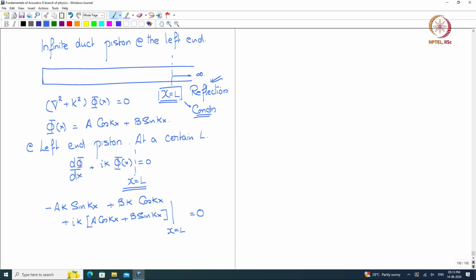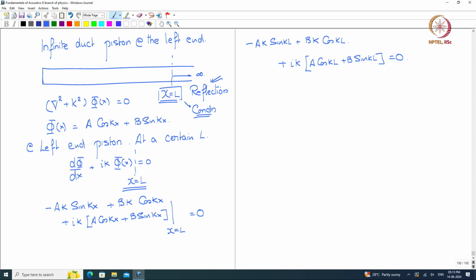So let us see, if we do that, I have minus ak sin kl plus bk cos kl plus ik a cos kl plus b sin kl equal to 0.